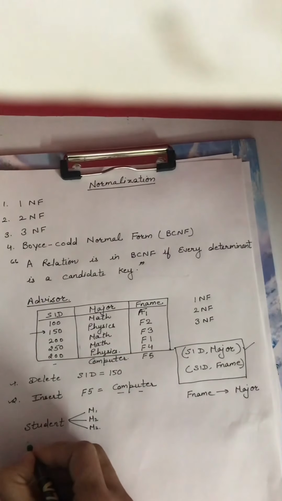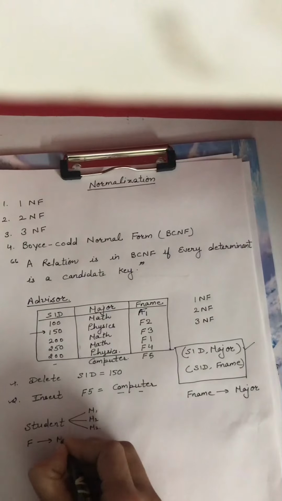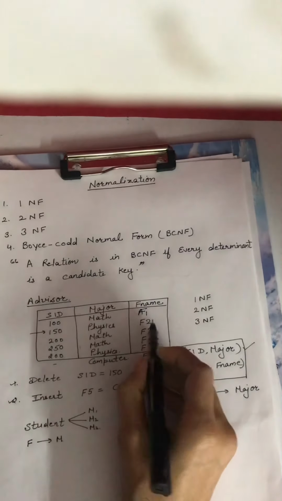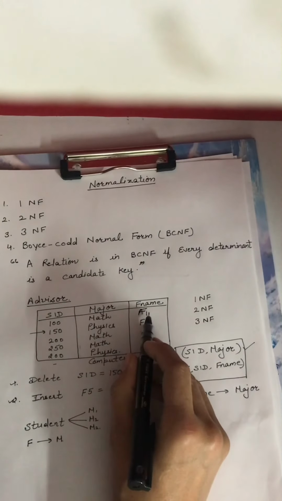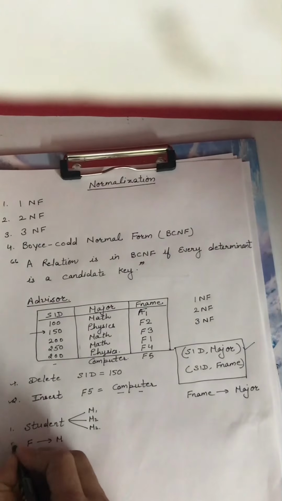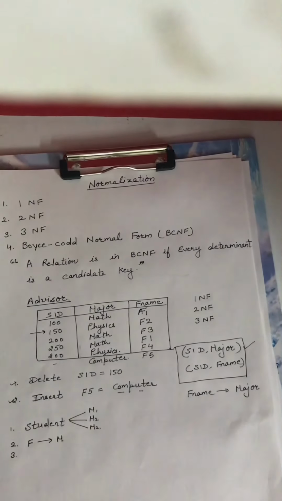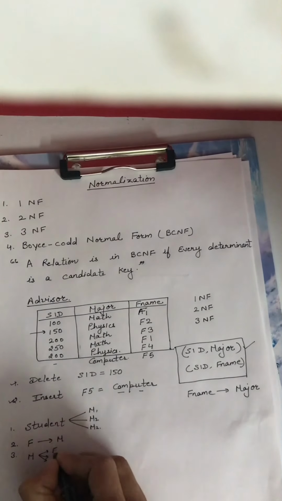A faculty will only have one major. Any faculty will teach only one major. What is the third assumption? One major can be taught by multiple faculties.